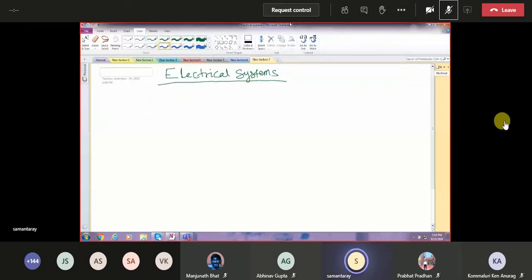Basically, there are two ways you can model electrical systems. One is called method of gradual uncover. This is applicable for simple circuits.